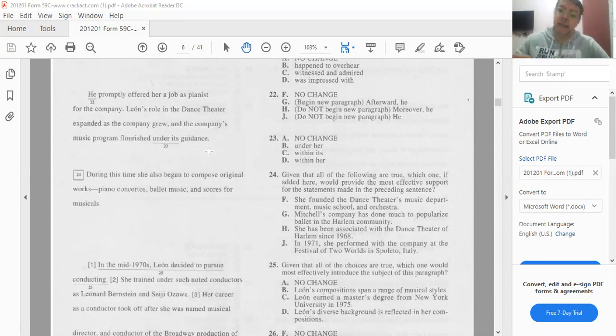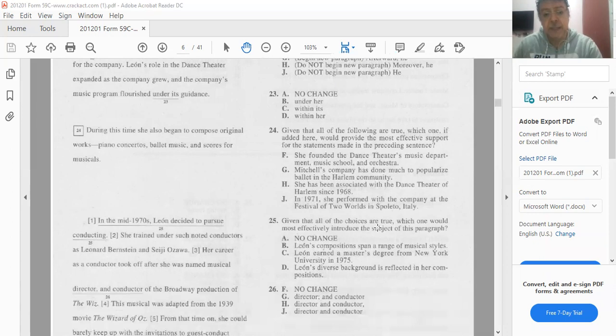Which means that under her guidance, the company thrived musically, and so on. So let's just read the statements here. She founded the dance theater's music department, music school, and orchestra. Okay, that sounds like the correct answer, but let's just read the other ones.